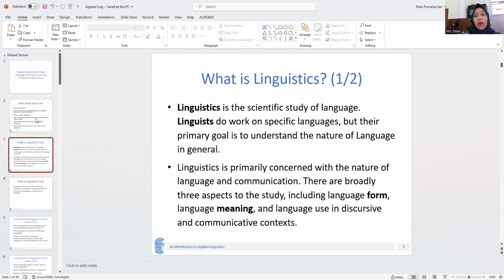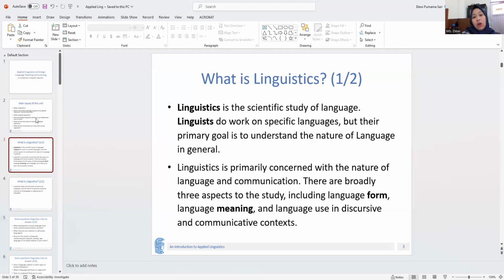So linguistics is the scientific study of language. So its primary goal is on the language itself. Linguists do work on specific languages, but their primary goal is to understand the nature of language in general. So linguistics is primarily concerned with the nature of language and communication.